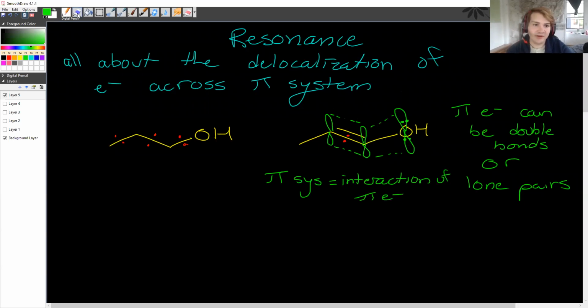Let's repeat that for a second. We know that single bond electrons are locked in place, whereas double bond or lone pair electrons can interact with nearby pi electrons. And when pi electrons interact with each other, they create the pi system.